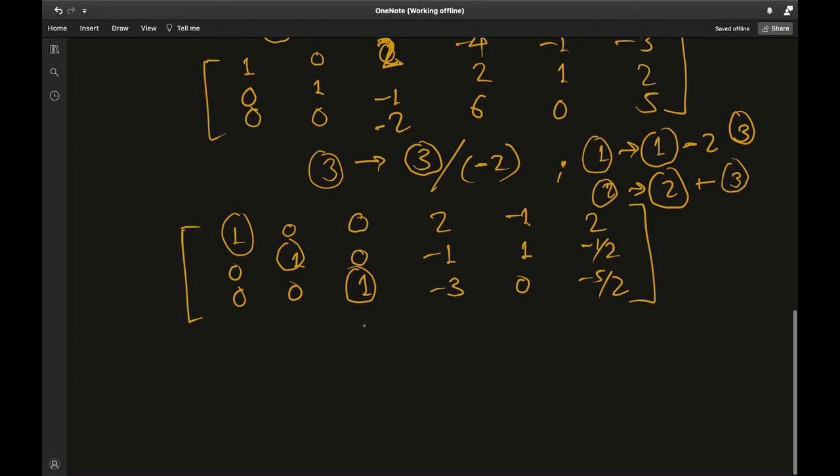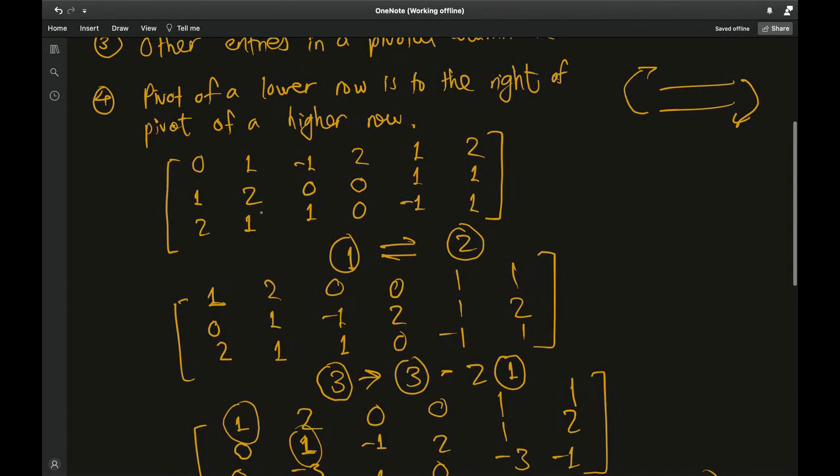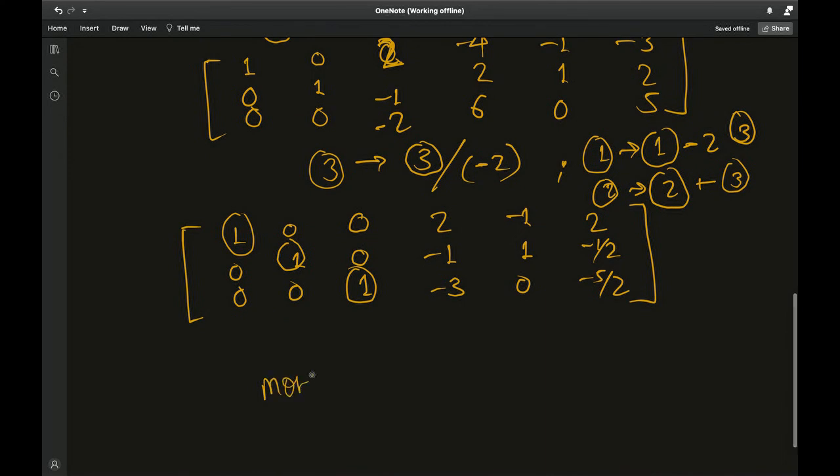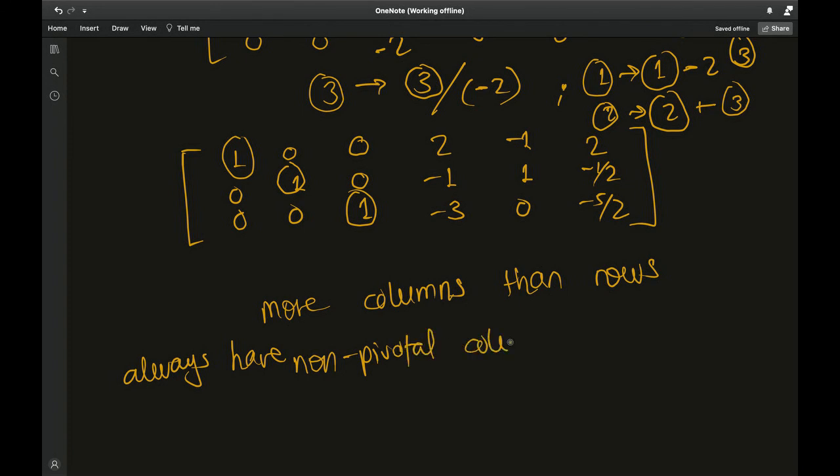And that's why I wanted to point out in such matrices where there are more columns than rows, there's always going to be some columns that don't have pivots. We're always going to have these non-pivotal columns, and you call them free columns.